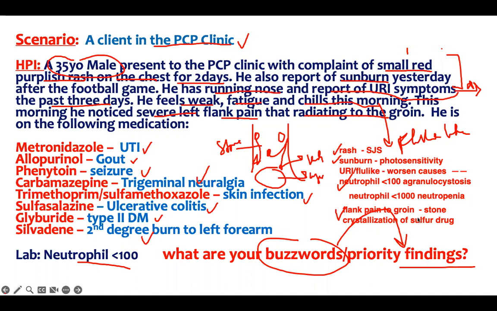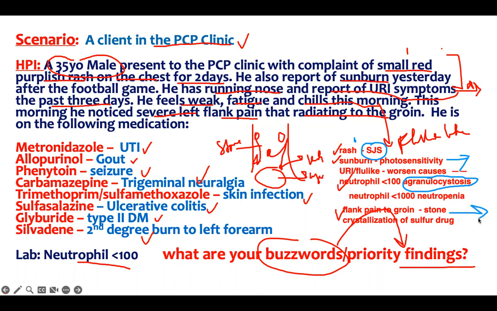What are your big-sharp moments? Those that you really have to worry about, with carbamazepine, are Stevens-Johnson syndrome and agranulocytosis. Photosensitivity, not that bad.